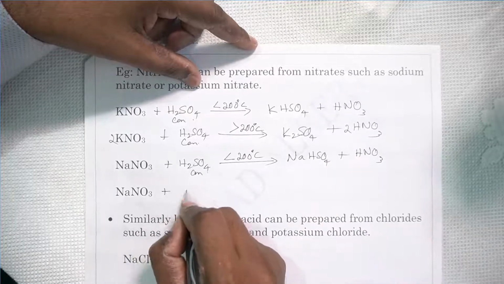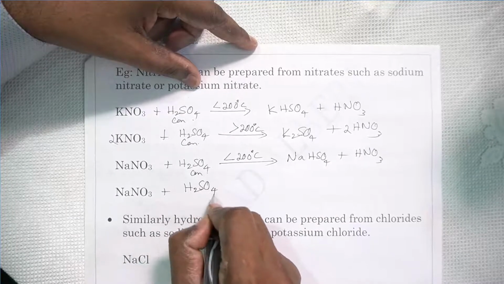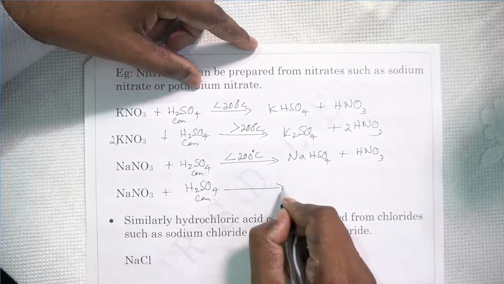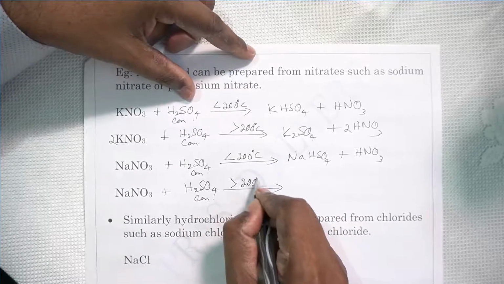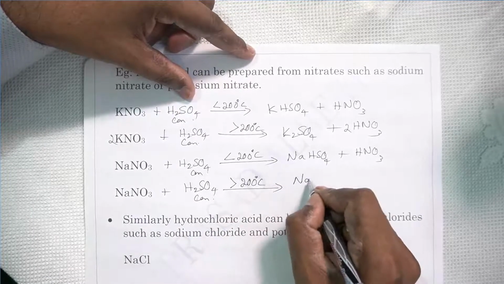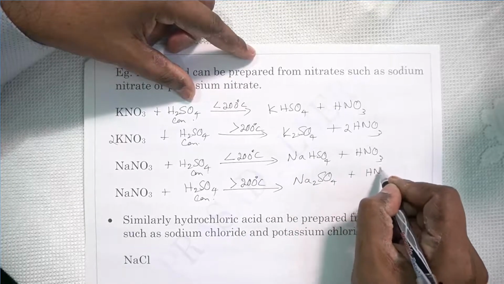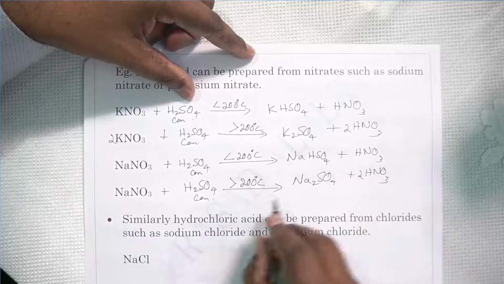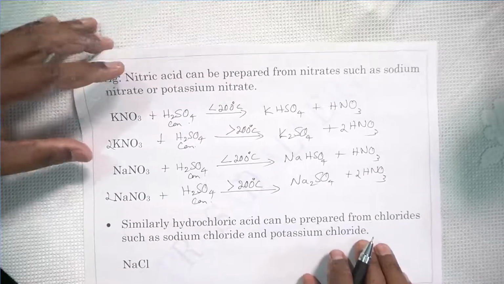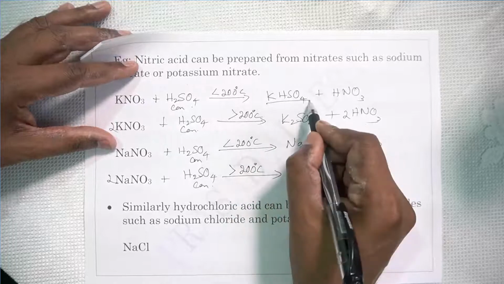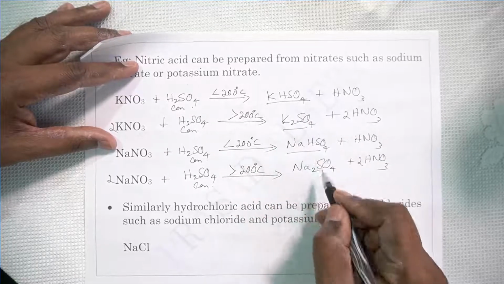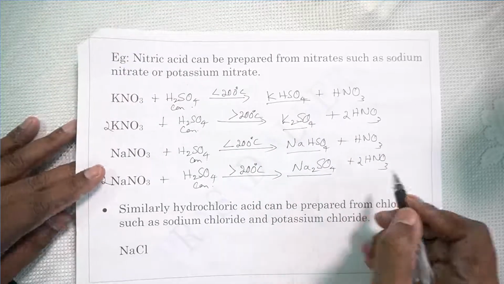And the next one, concentrated H2SO4 above 200 degrees Celsius, and you get Na2SO4 and HNO3. There will be 2 molecules of HNO3 and 2 molecules of NaNO3. So this is potassium hydrogen sulfate, potassium sulfate, sodium hydrogen sulfate, sodium sulfate.